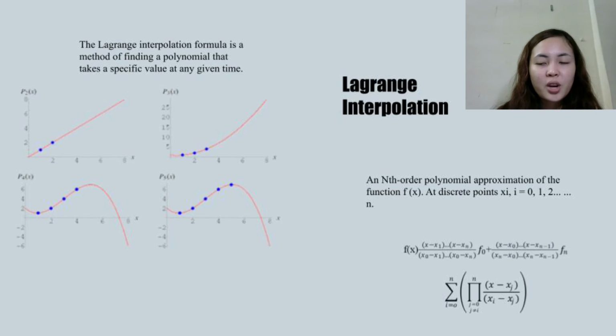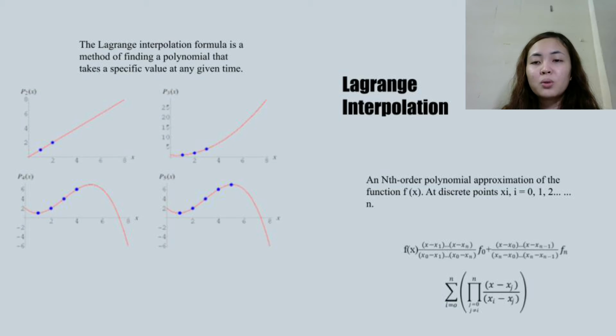So what is Lagrange interpolation? Lagrange interpolation is a method of finding a polynomial that takes a specific value at any given point. An n-order polynomial approximation function f(x) at discrete points xi, where i is equal to 0, 1, 2 until n. The expression is often derived from the Vandermonde determinant.